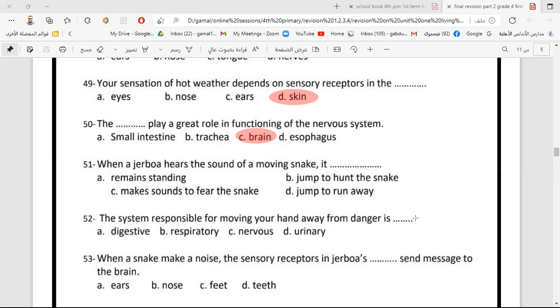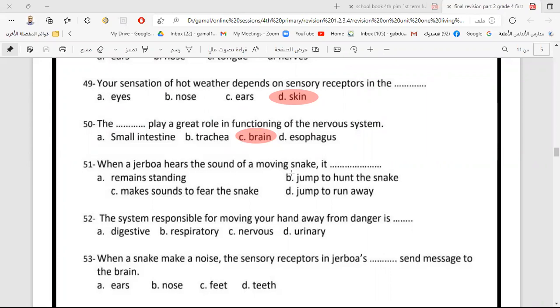When a gerbil hears the sound of a moving snake, it... don't say snack. Snake. Snack is a food. When you eat something small, it is a snack.